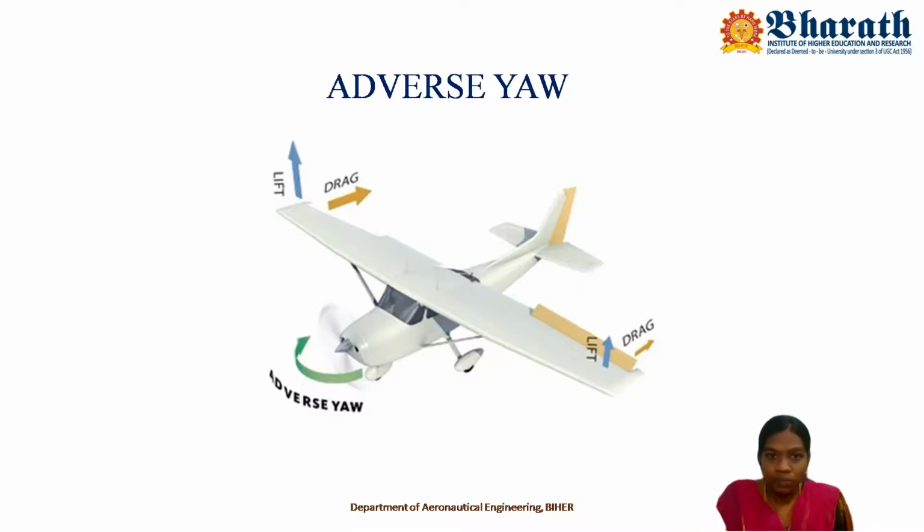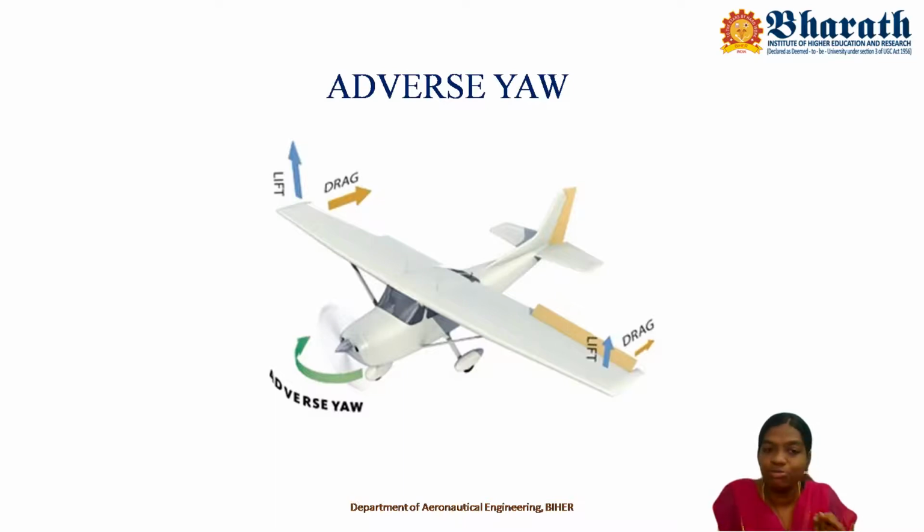During rolling, one aileron will move downwards and the other will move up. This is the aileron control, and the aileron is controlled with the control stick or the control wheel. Now the aileron which is deflected downwards creates more lift because of the high pressure distribution.